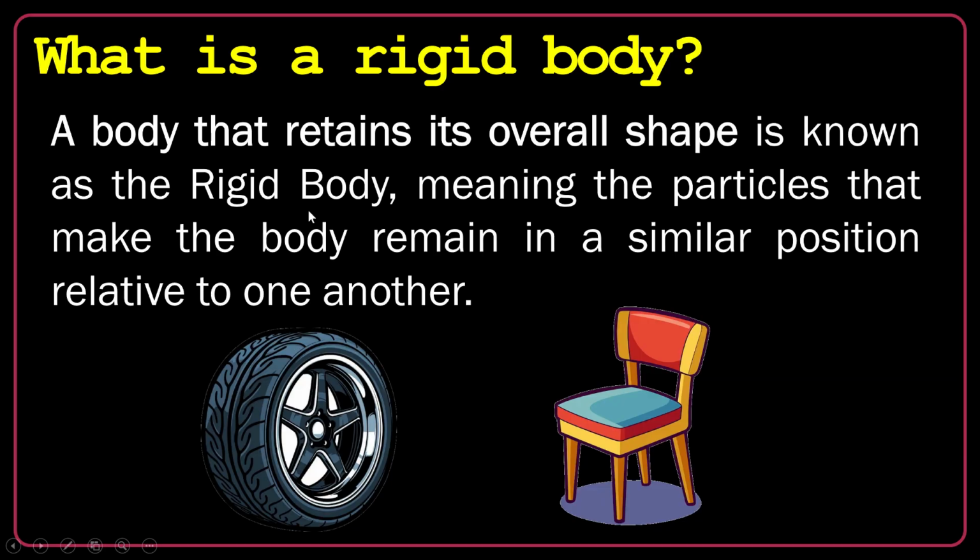I define the rigid body as an object that can keep its overall shape, okay, meaning the particles that make the body remain in a similar position relative to one another. Look at this wheel.